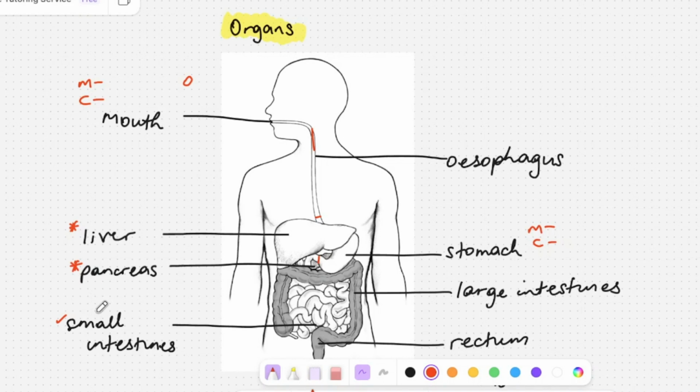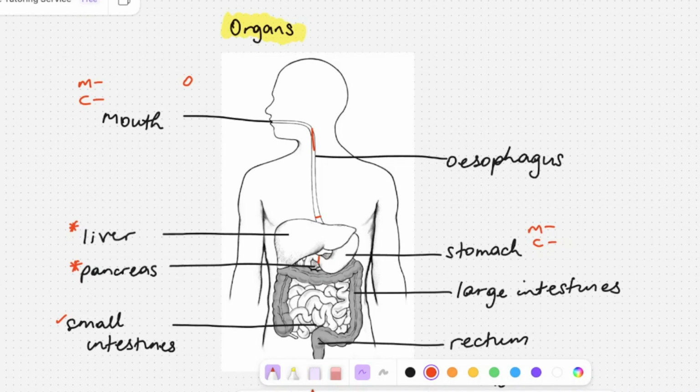So here now we need a bit more help. And even though we know that the lumen of the small intestines is lined by these microvilli, and within them, we know we have the lacteal as well as blood vessels.